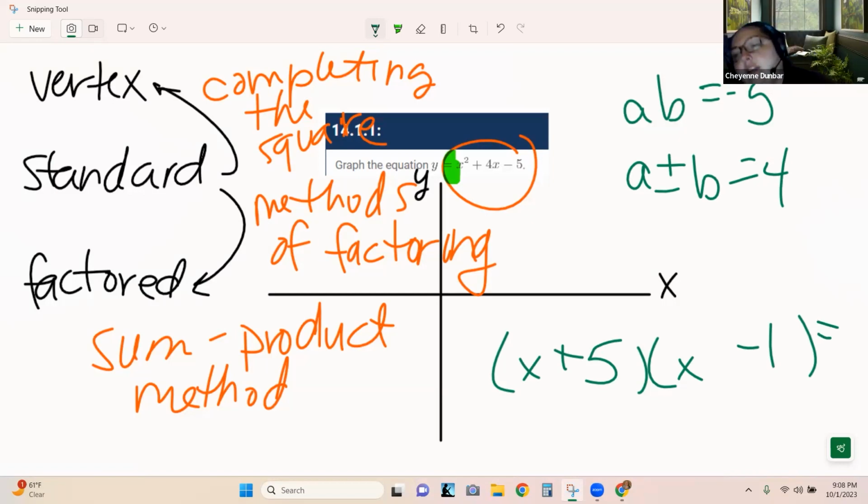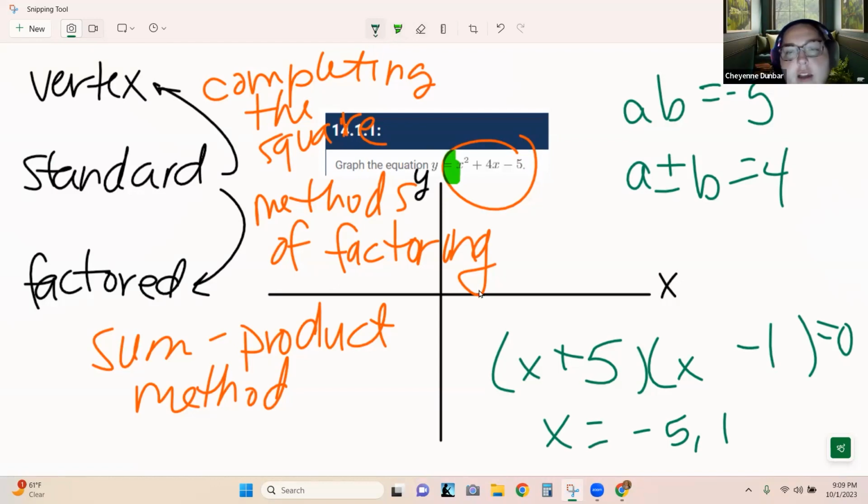And when you factor your quadratic, you are finding what are called the x-intercepts or roots, or solutions. They call them lots of things. Roots, solutions, x-intercepts, zeros. They also call them zeros because it's where y equals 0.